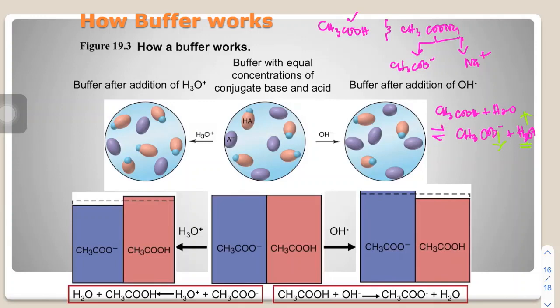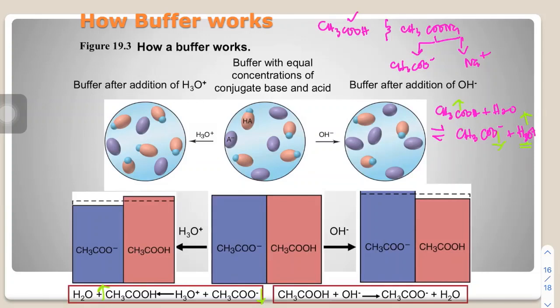So when the H3O plus is added, acetate ion will decrease, the reaction shifts to the left so that it will produce extra acetic acid. Okay, so acetate decreases, acetic acid increases.